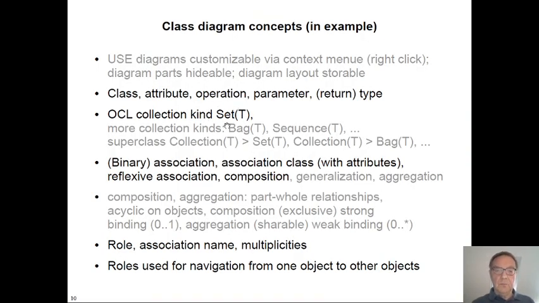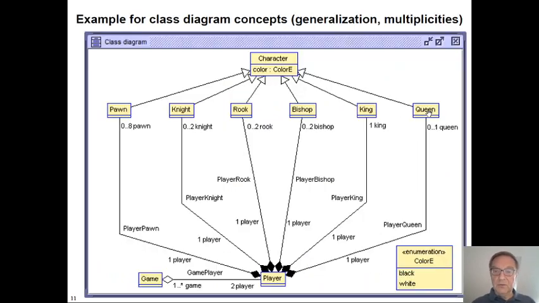Apart from the collection kind set, there are other collection kinds, namely a bag and a sequence. And there is also a generalization of set, bag, and sequence, which is called collection.